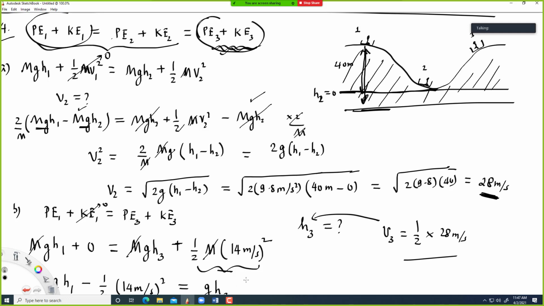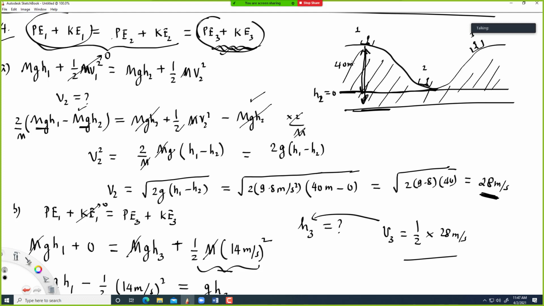So here, did we find the total energy? We didn't find the total energy, otherwise I can show you how much energy we have here. You can find the total energy here: 40 times mass times g. Mass is not given, although. The potential energy at 1 is 392.